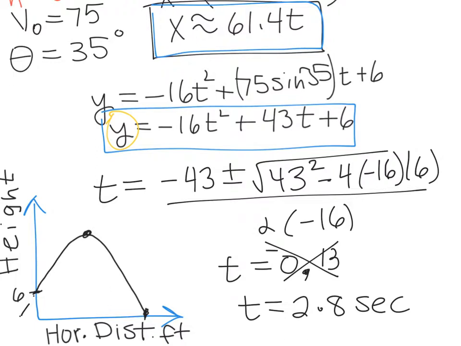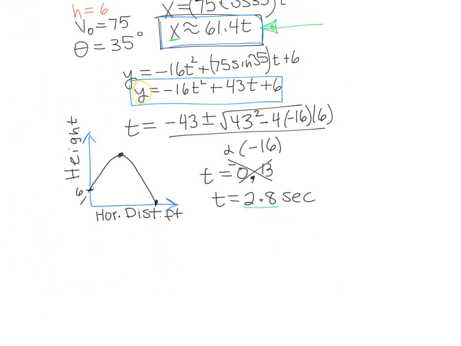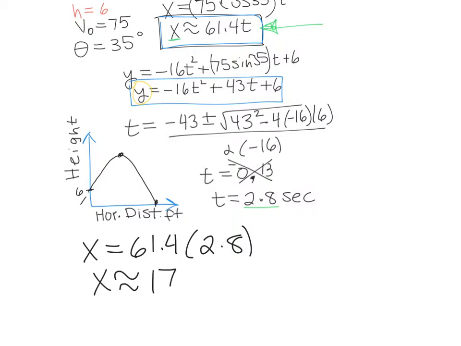Okay, so once we find that, we can plug that into our x formula, because we want to know, what's the horizontal distance at this time of 2.8 seconds? So I'm going to use that x equals 61.4 times t, and so x is approximately 172 feet.